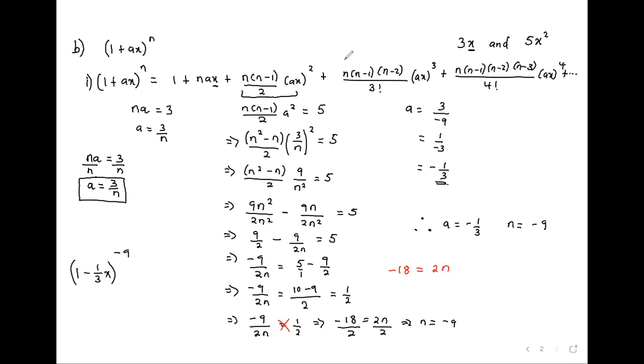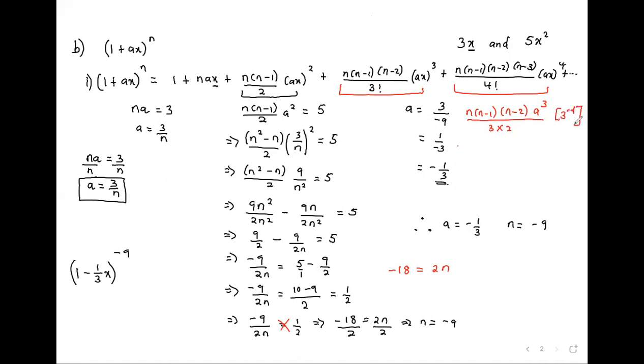Find the coefficient of the third and fourth terms. Now we already have this expansion. Deliberately, I went as far as the third and the fourth term. If we evaluate, the third term has n minus 1, n minus 2, and a to the power 3 over 3 factorial, which is 3 times 2.